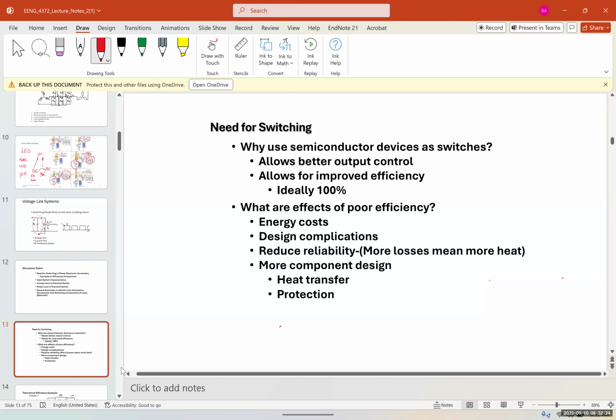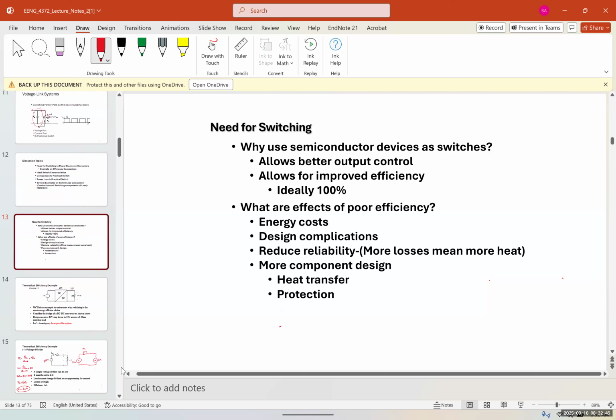We have reduced reliability because we generate more heat. The board is not going to last as long as a system with higher efficiency and lower loss. And we have more component design, like the heat transfer and the protections, because we generate more heat.